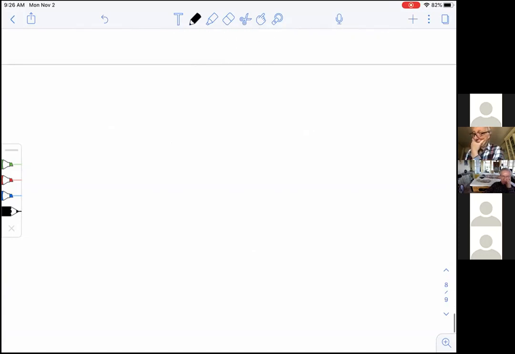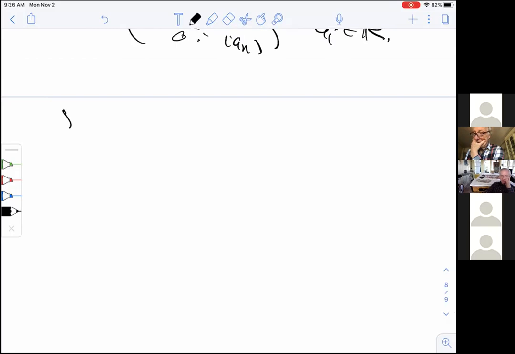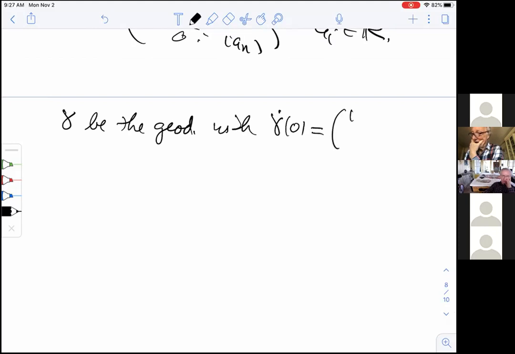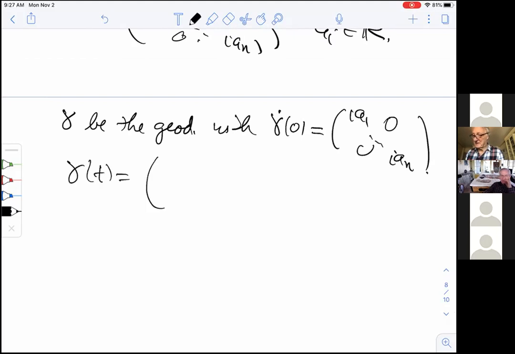So let's think about then the geodesic. So let gamma be the geodesic starting at the origin, with gamma dot at the origin being this matrix diag(i a_1, ..., i a_N). Well, you just have to exponentiate this vector. So gamma of t, not too hard to see, is diag(e^{i a_1 t}, ..., e^{i a_N t}). That's certainly a family of matrices. It's not hard to prove it's a geodesic with respect to this inner product.